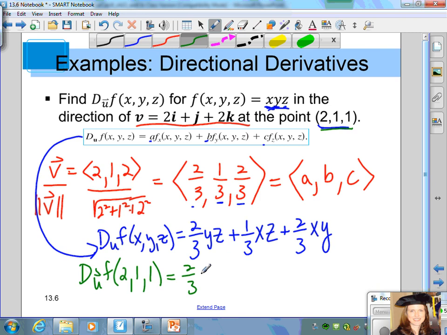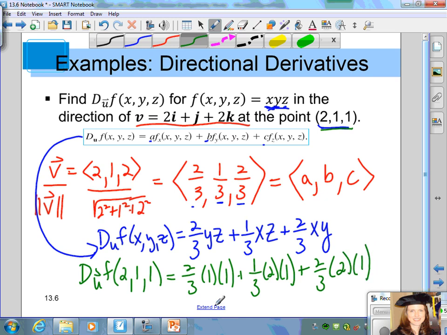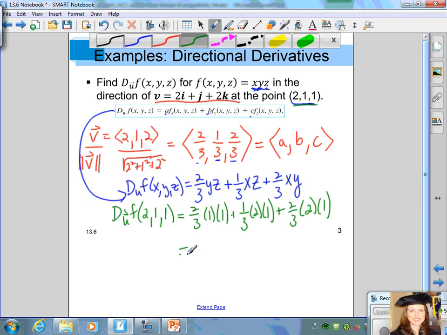So that gives us 2/3 times 1 times 1 plus 1/3 times 2 times 1 plus 2/3 times 2 times 1. Now when we simplify that, that is 2/3 plus 2/3 plus 4/3, and 2/3 plus 2/3 is 4/3, plus another 4/3, that's 8/3.